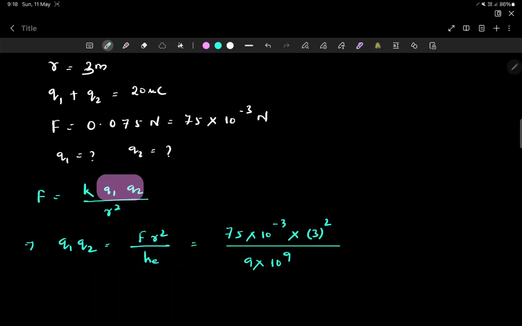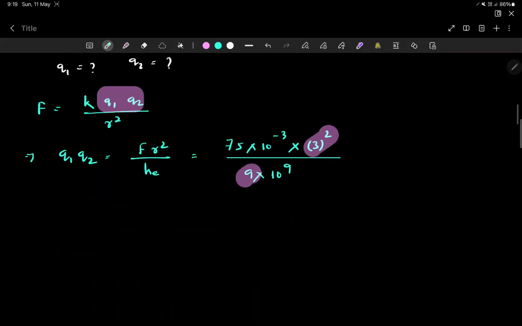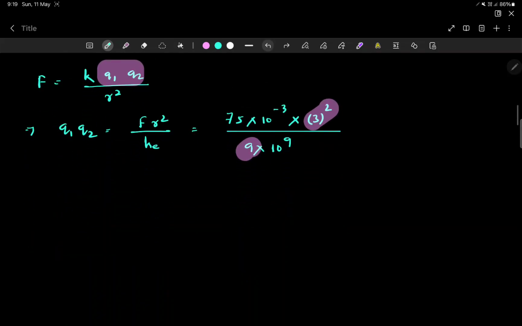After solving, 3 square is 9 and this 9 gets cancelled out. So this will be 75 into 10 to the power minus 3 minus 9, that is minus 12.